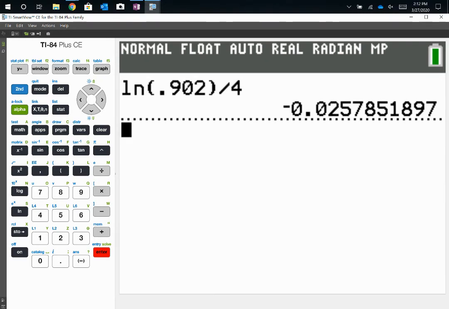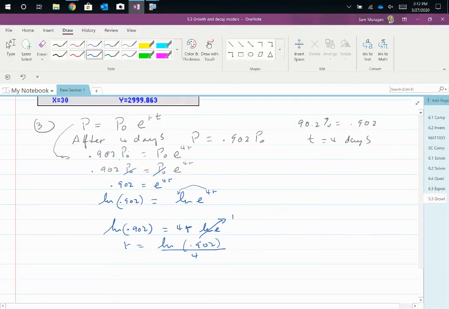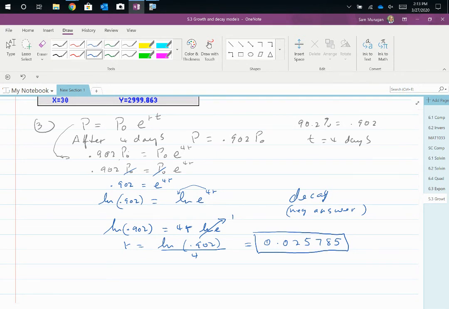That's the continuous compound rate of decay. Now when you write that in, you don't put in a negative sign. The negative sign tells you it's decay. But when you write the answer, you put 0.025785. Don't put in a negative sign. We know this is decaying at that rate. You're going to get a negative answer, but the actual rate is 0.025785 decaying, which is a negative growth rate.